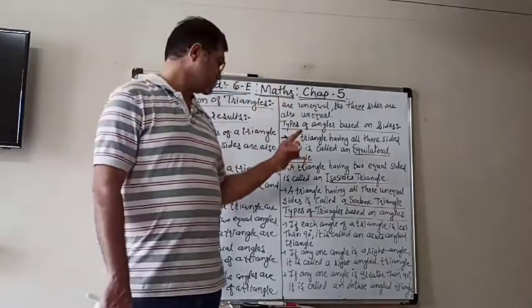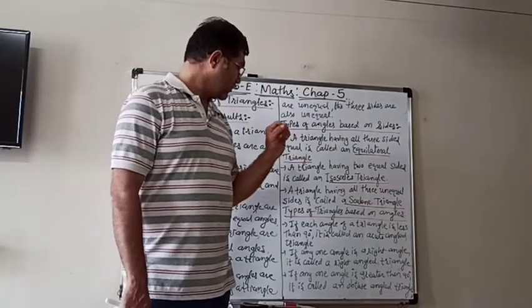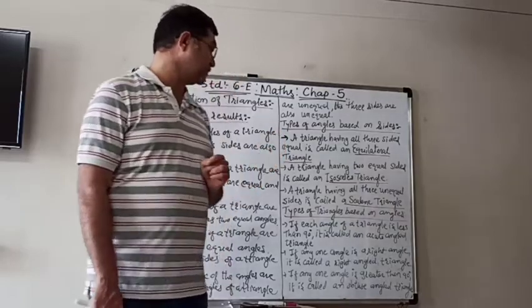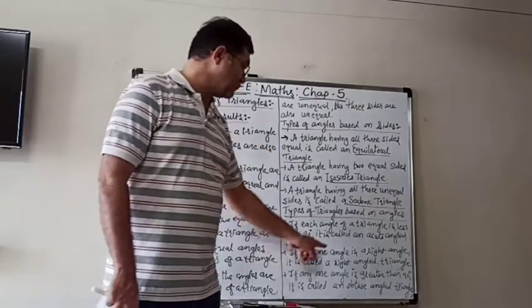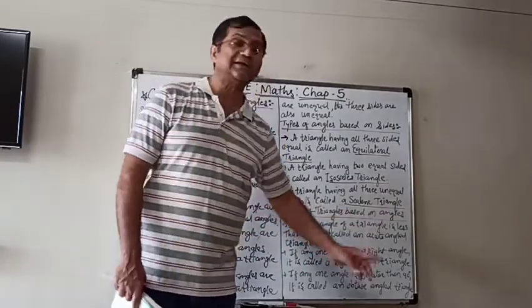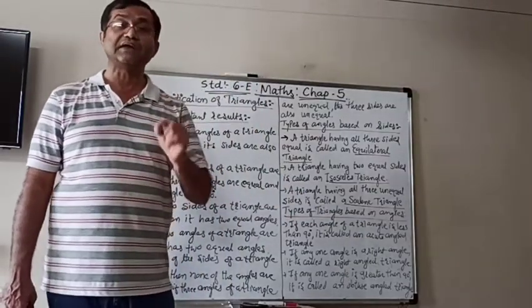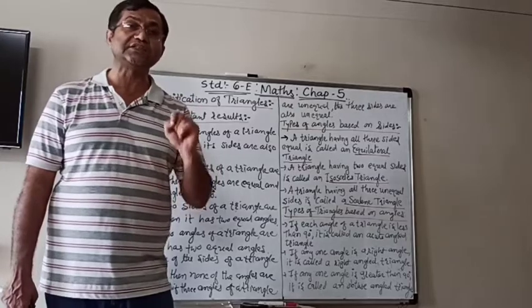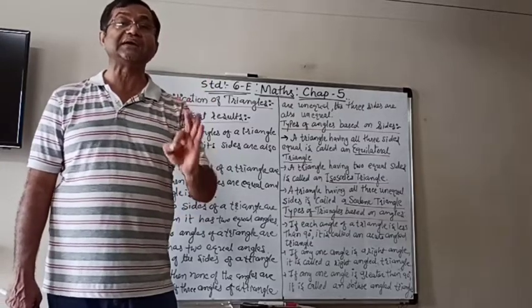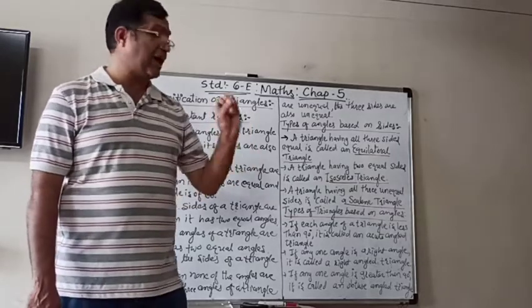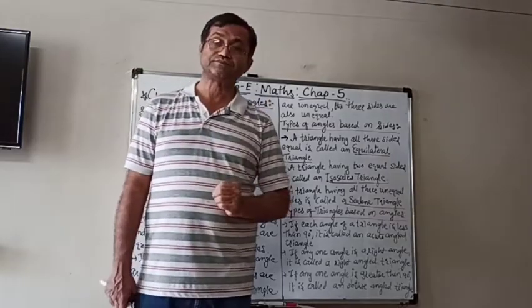Second thing, if one of the angles is 90 degrees, if any one of the angles is a right angle, meaning 90 degrees, then that triangle is known as a right angled triangle.